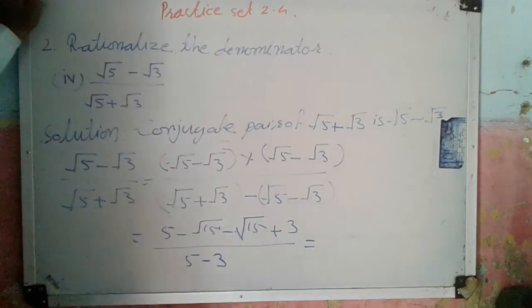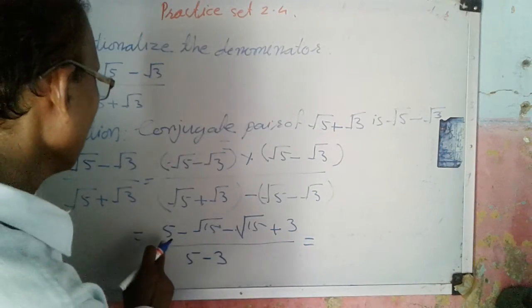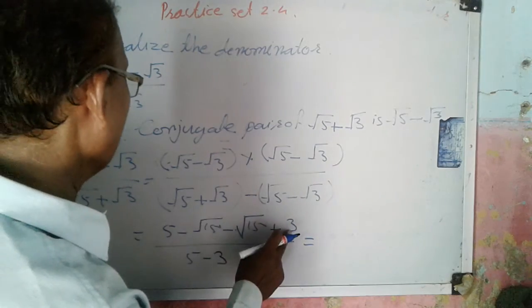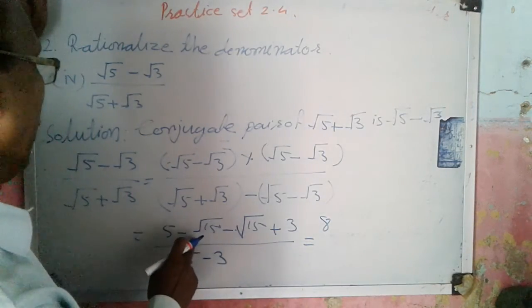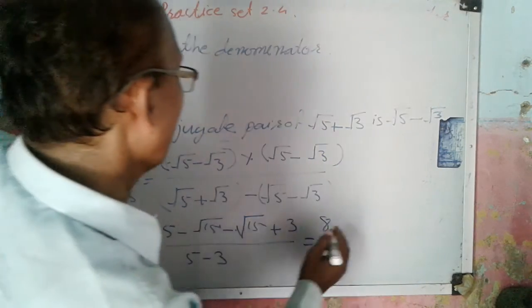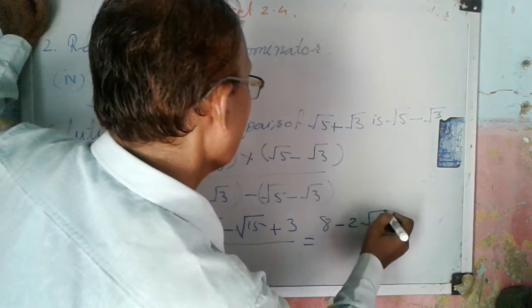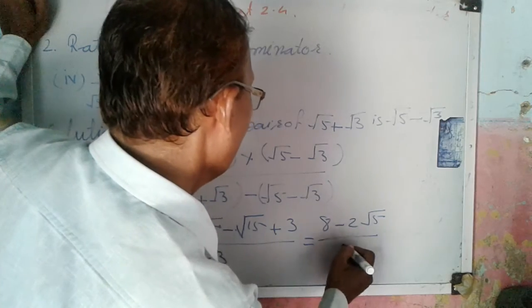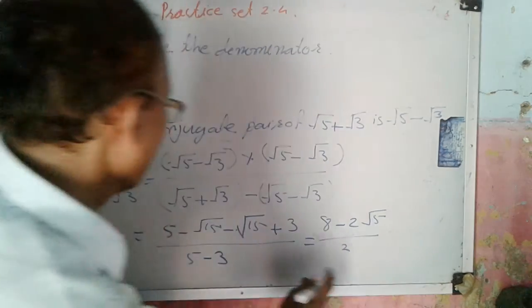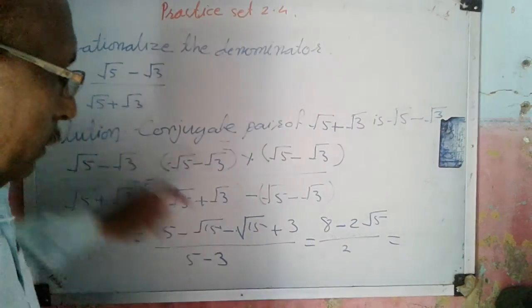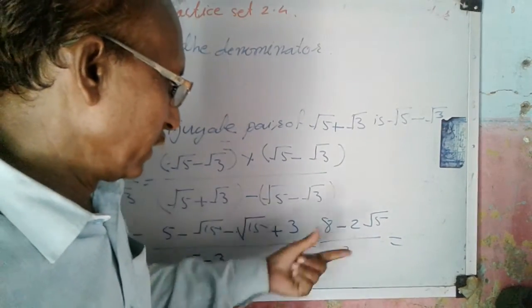So now see here, 5 plus 3 we get 8, and minus root 15 minus root 15 we get minus 2 root 15, upon 5 minus 3, that is 2. Now both the terms are divisible by 2.